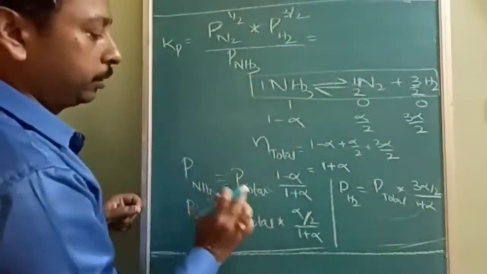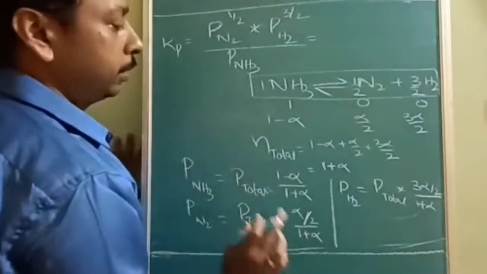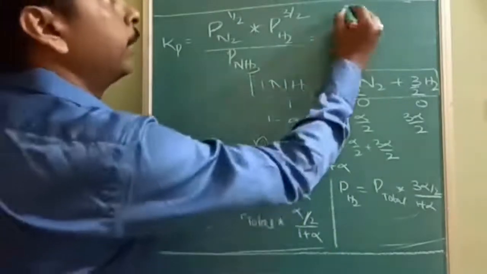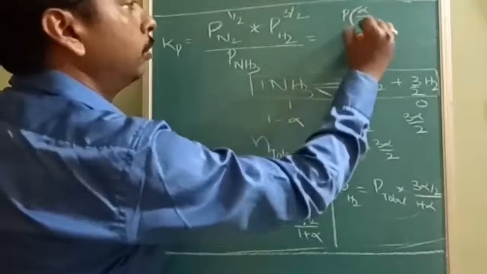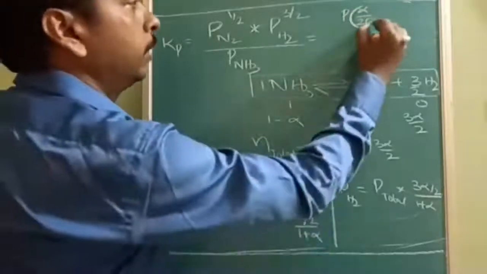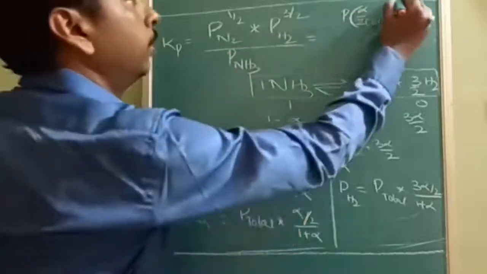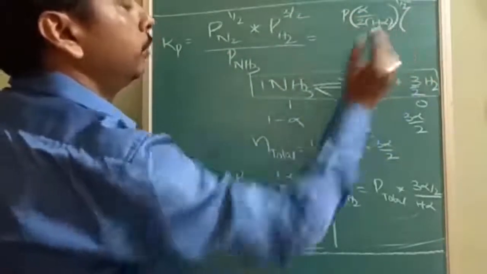Just for easiness, I will take P only. You should take it as final. P of N2 is P into alpha by 2 divided by 1 plus alpha, to the power of 1 by 2. Like that you can substitute and simplify.